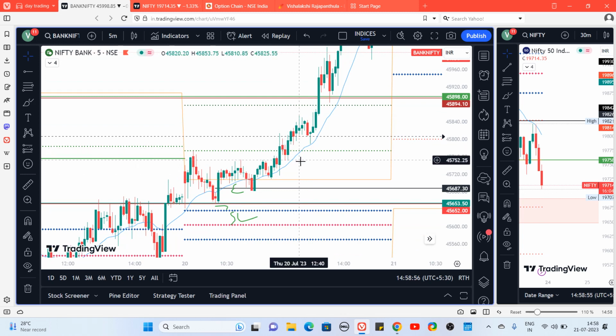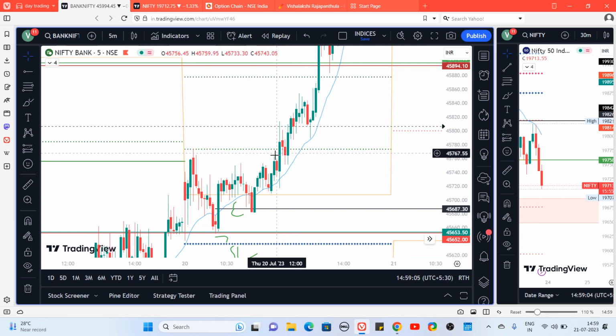Otherwise, you should not take the trade in a bullish move. So it is giving the signal at this point, but I'm not interested in taking the trade, because when I enter at this point I have to place the stop loss below this candle.